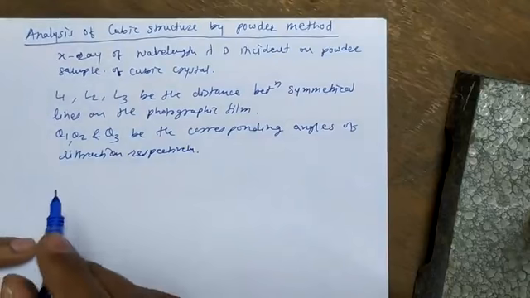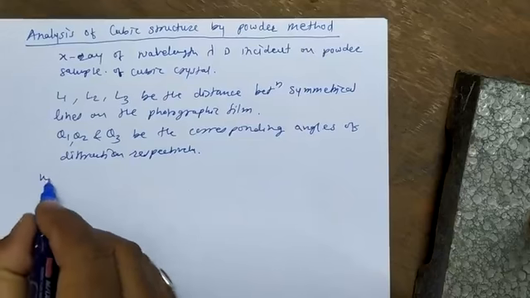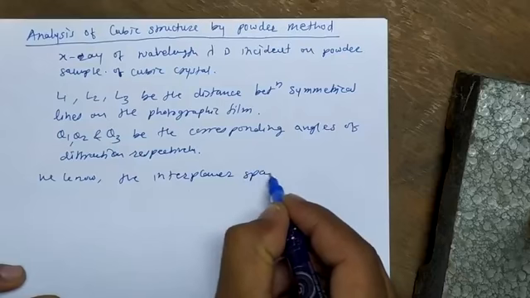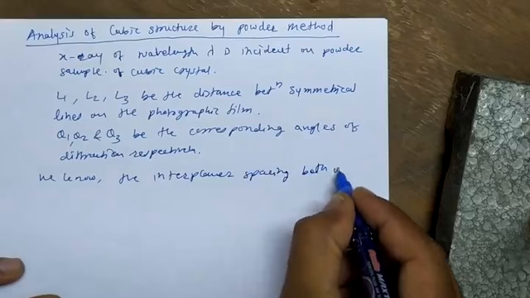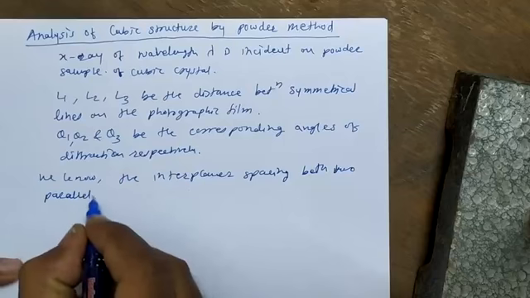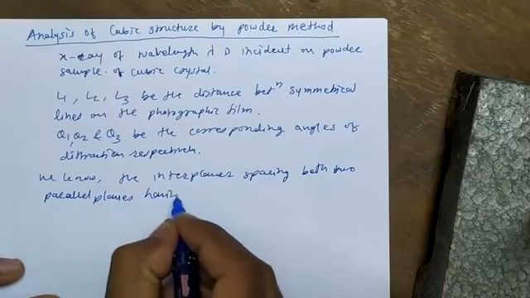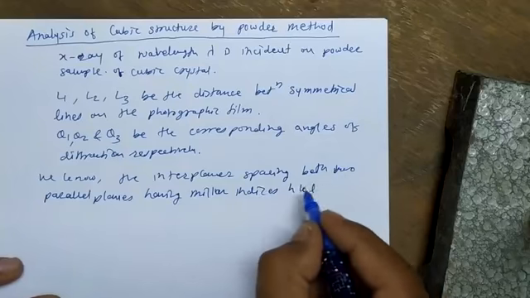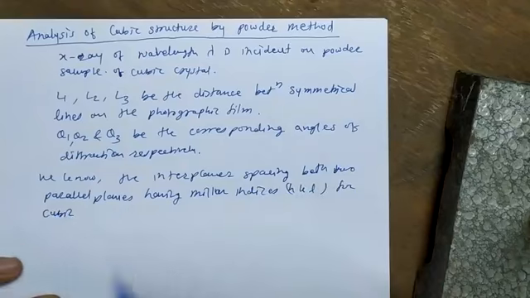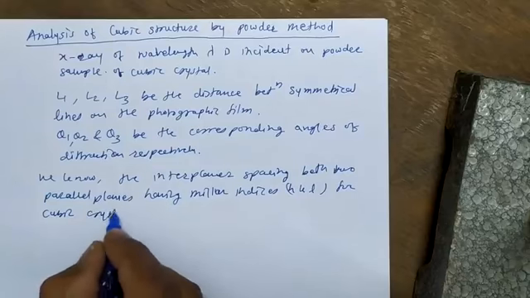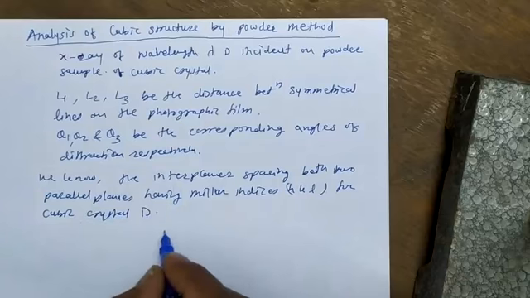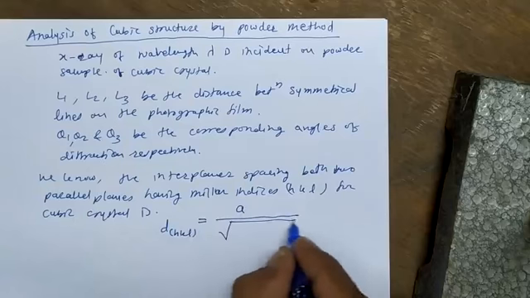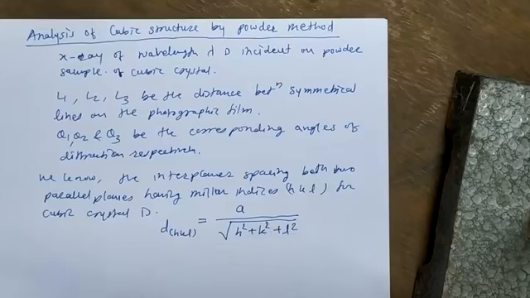Now we know that the interplanar spacing between two parallel planes having Miller indices HKL for cubic crystal is given by d HKL equal to a upon under root of h square plus k square plus l square. हे आपण मागे बघितलेलं आहे.